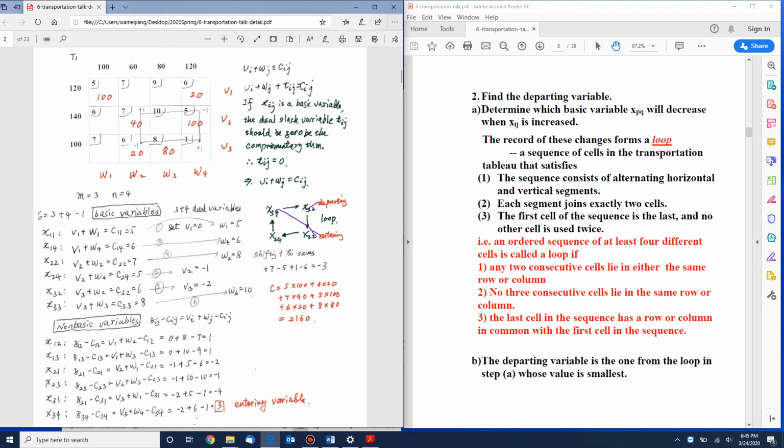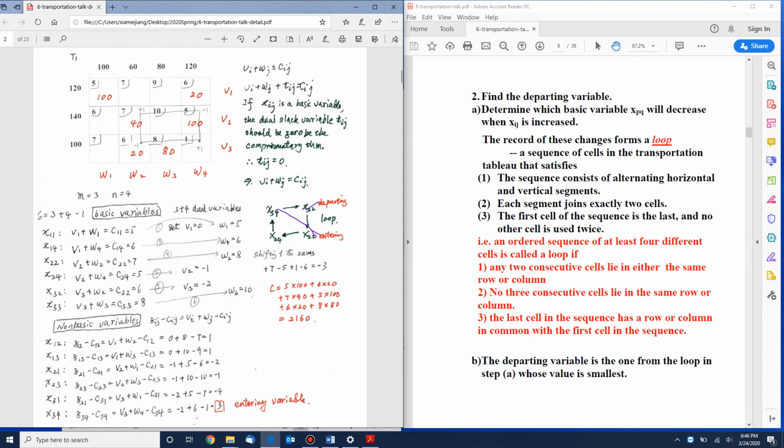So here you could see that if we increase one in cell 3 4, we need to reduce one from cell 2 4, and then increase one in cell 2 2, and decrease one from cell 3 2.